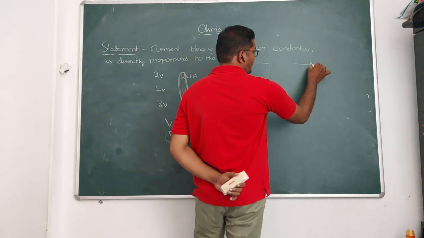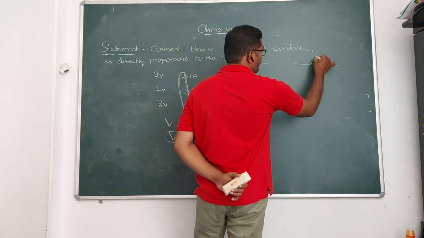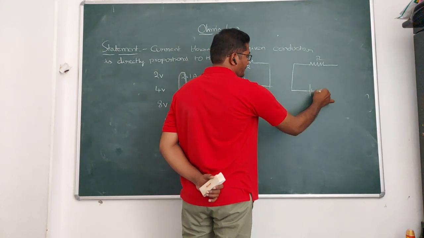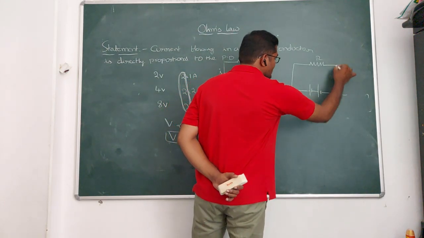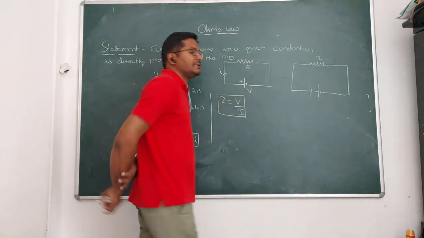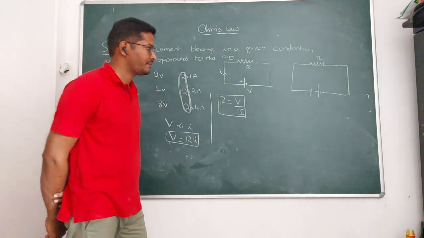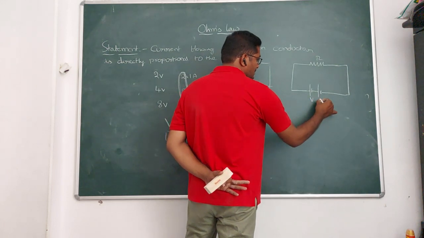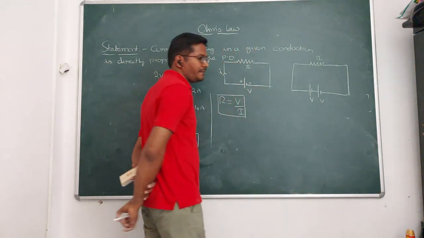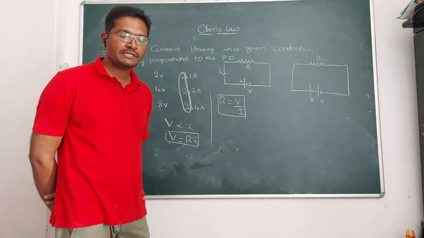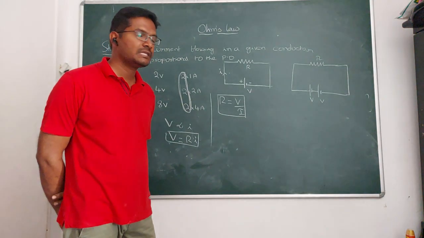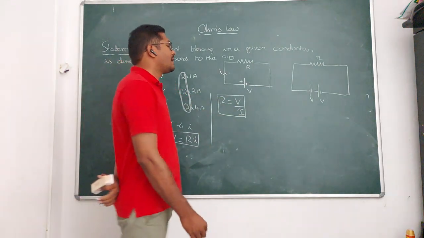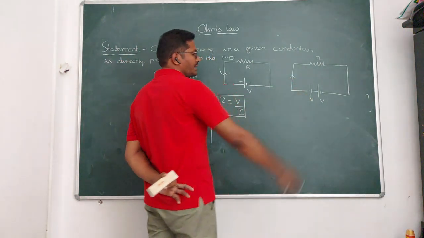In the same circuit, I have increased the potential difference by connecting two cells in series. This has a potential difference V, and this also has V, so the potential difference becomes 2V. That means as the potential difference increases, current also increases proportionately.